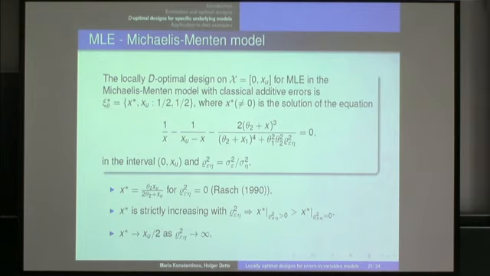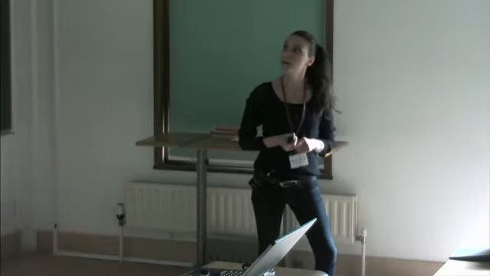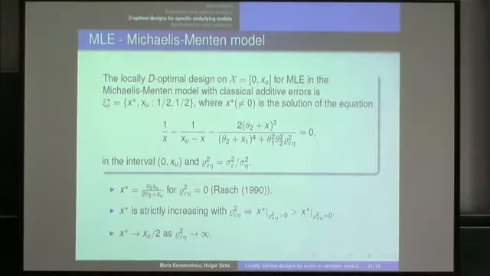However, the difference here is that the non-trivial support point x star is the solution of the given equation, which involves the parameter rho epsilon eta squared. And this is the ratio of the variance of the covariate error over the variance of the response error. So if we take rho to be equal to 0, we get the usual design available in the literature for no error in the covariate, and then this x star increases as the value of rho gets larger.